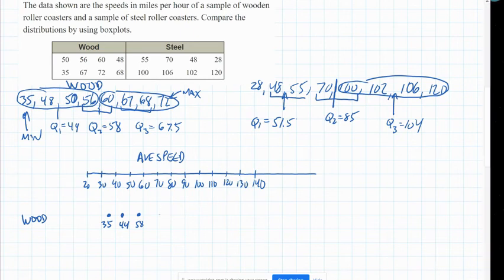And then 67.5. And then 72. Okay, so we have a very compact box plot here.